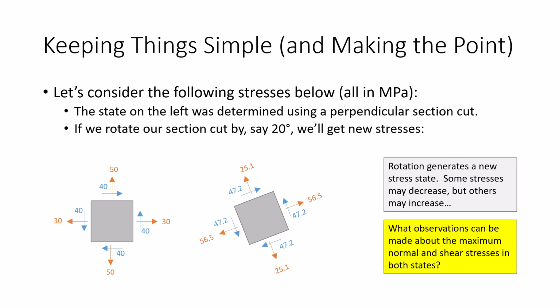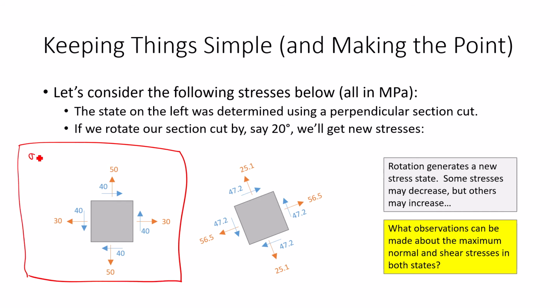So I'm going to give you a given stress state like this. Let's say the x-axis normal stress is 30 MPa. The y-axis normal stress is 50 MPa. If I look at this stress state, I find a sigma max of 50 MPa, because there are 2 of them and 50 is the biggest.